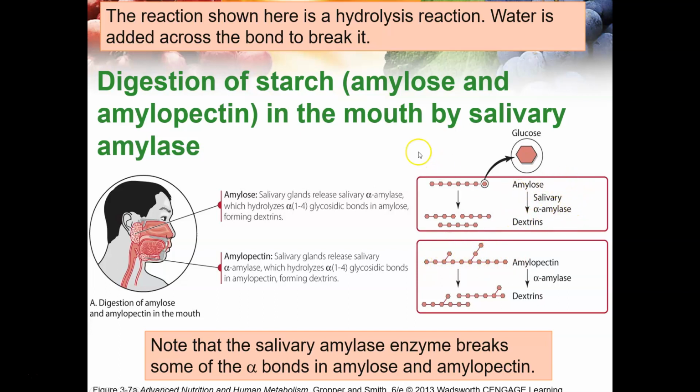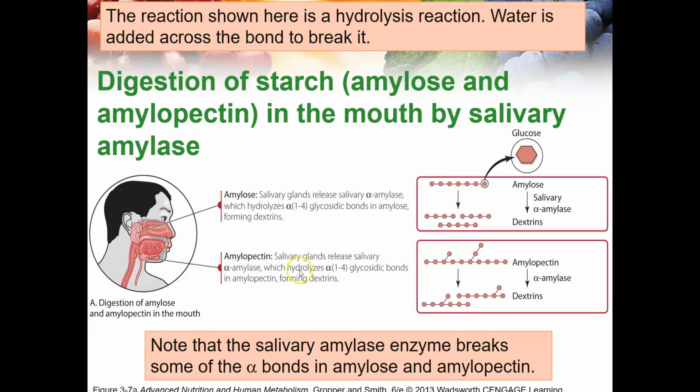So the saliva has salivary alpha amylase. Notice that all the sugars end in ose and the enzymes end in ase. So it even says alpha amylase because the enzyme is going to catalyze the breaking of these bonds, and we call this hydrolysis because, remember, we took water away when we formed the bond. Now we're going to add the water back.